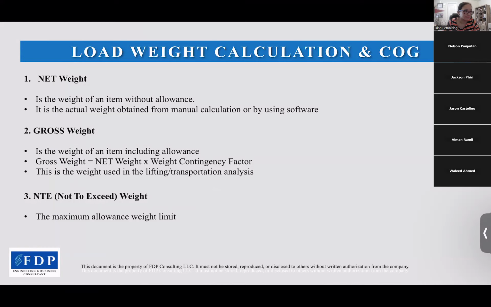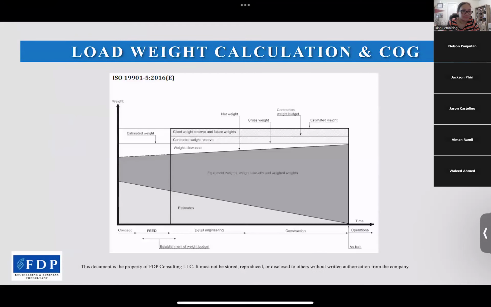This is the weight used in the lifting or transportation analysis, while the NTE weight, or not-to-exceed weight, is the maximum allowable weight limit. We can use the NTE weight, but it will no longer be efficient for the design. This is what I get from ISO 19901.